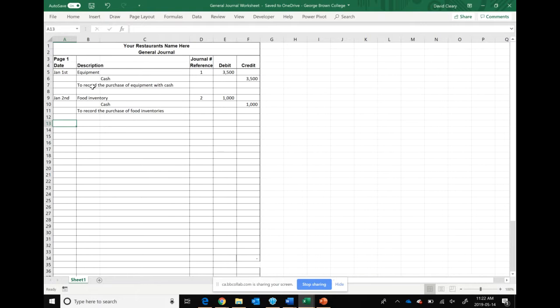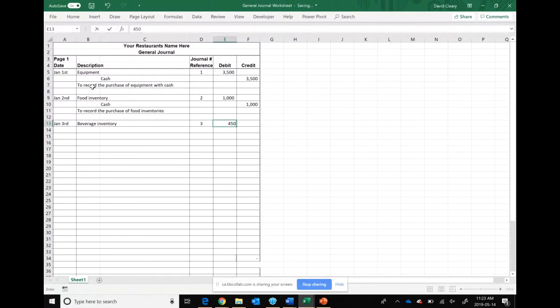So our first account, and we're going to say this was January 3rd, is our beverage inventory. Say this is our third transaction. It's being debited by $450.